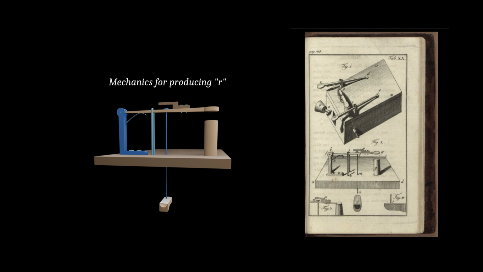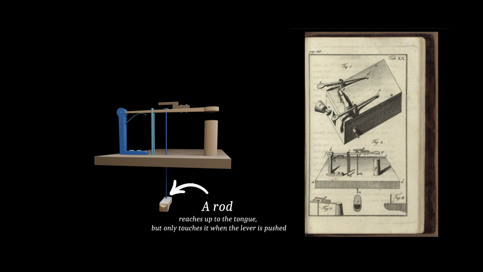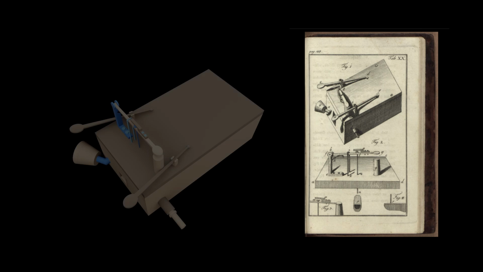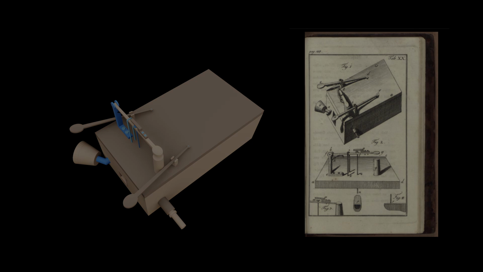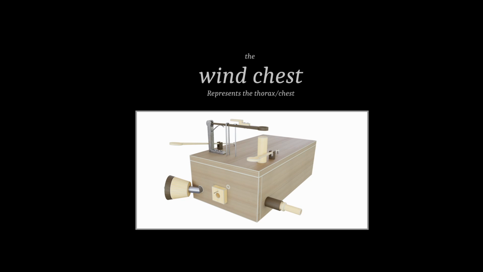Mechanics for producing R. A spring pushes the lever up. A rod reaches up to the tongue, but only touches it when the lever is pushed. The wind chest represents the thorax chest.